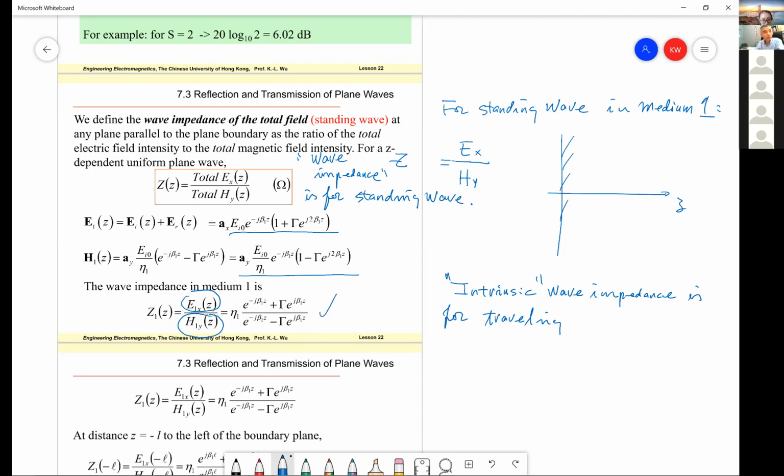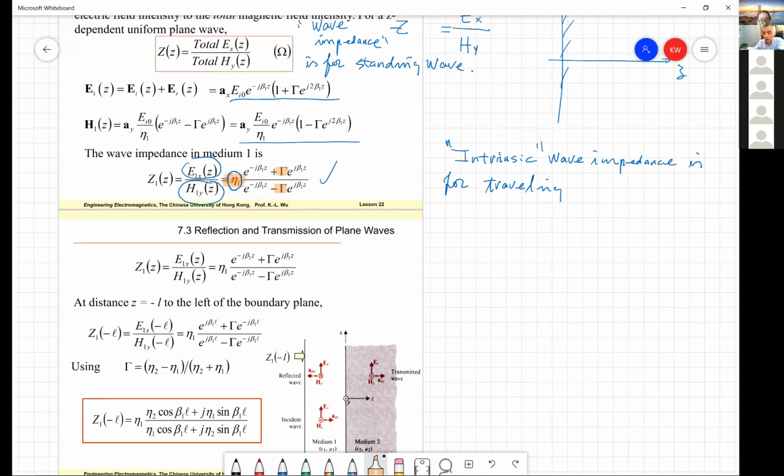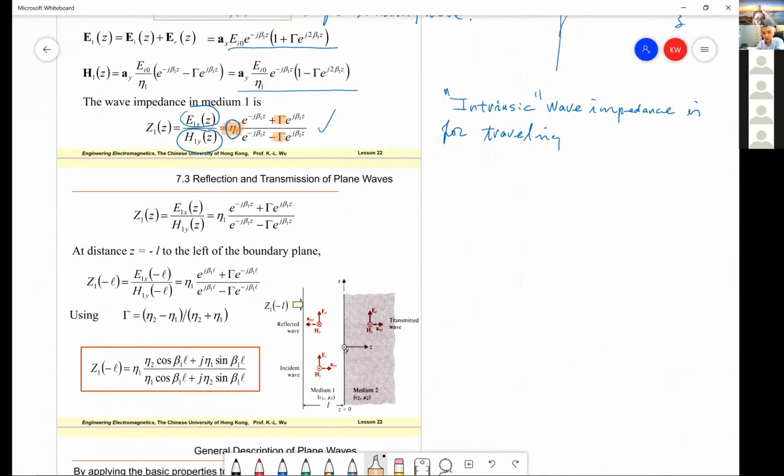This expression, because we are talking about a standing wave in medium 1, happens to be proportional to the intrinsic wave impedance in medium 1. Also, it is a function of the reflection coefficient at the boundary, right?